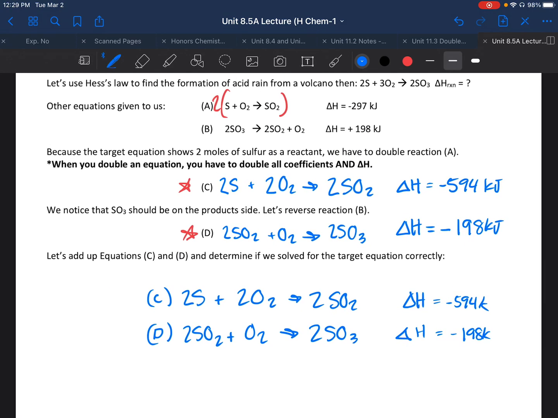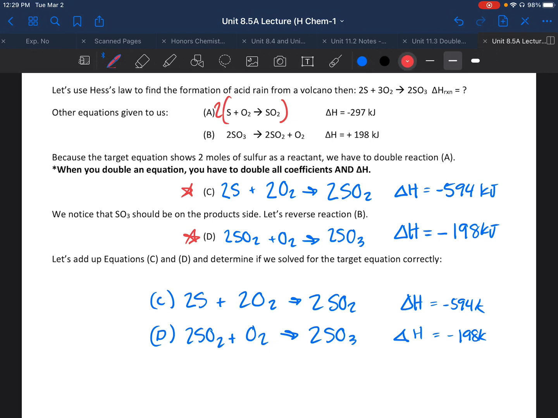So now, the rule that I was explaining is if you have a species in the products of one equation that's in the reactants of another that you're adding together, they cancel out. So because you have 2 SO2 here as well as 2 SO2 here, these terms actually cancel out.